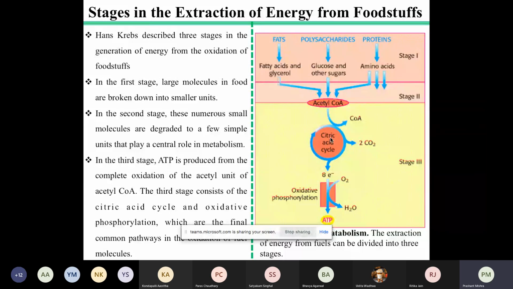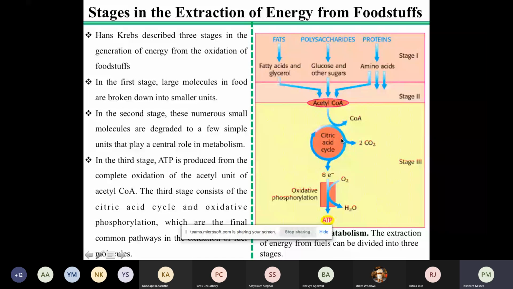Those useful molecules are the ones which will have a certain potential. And here the potential is that you have a molecule which has electron donating potential. So far we were talking about phosphoryl group transfer potential. Now we are talking about electron donating potential. So we will talk about those molecules.